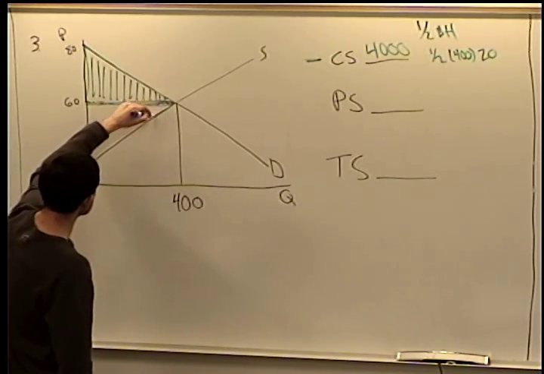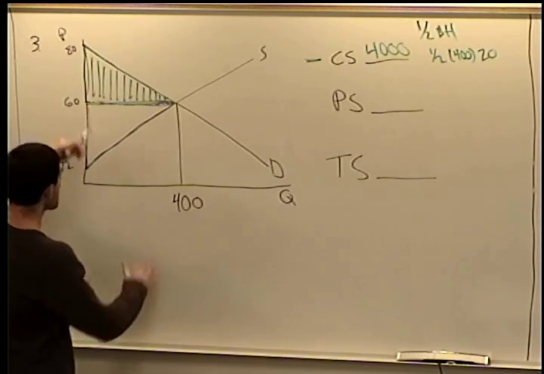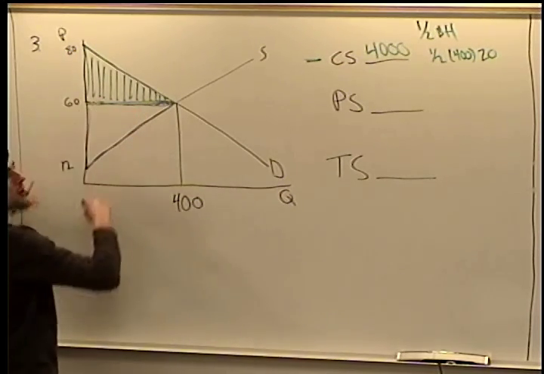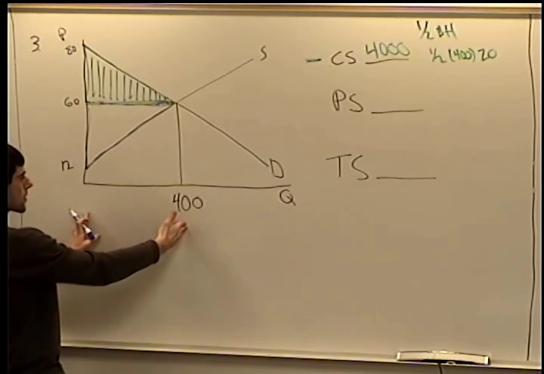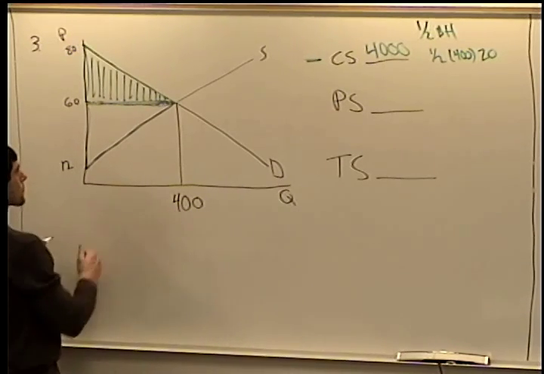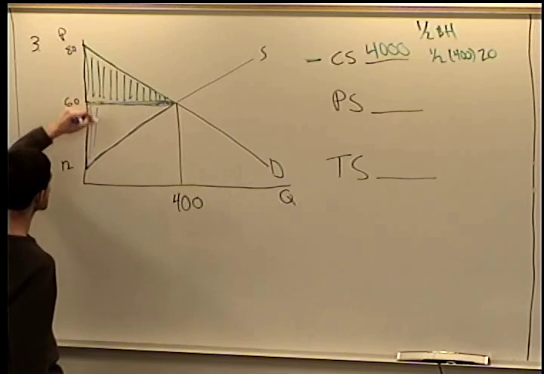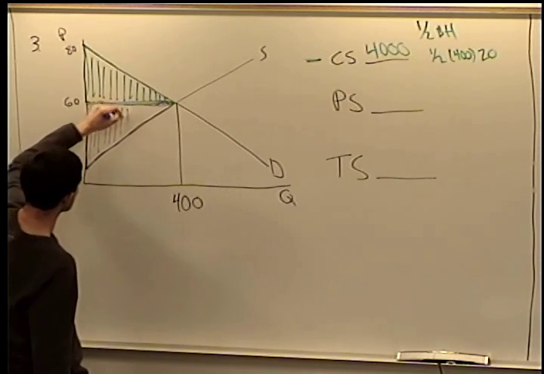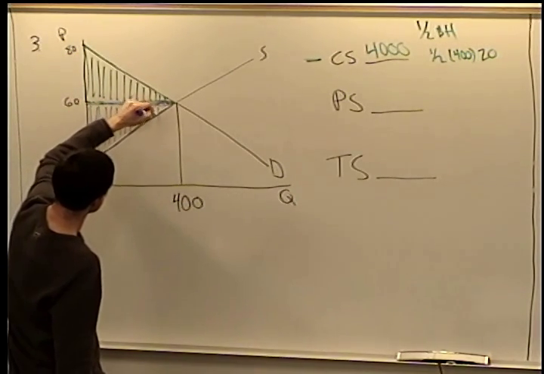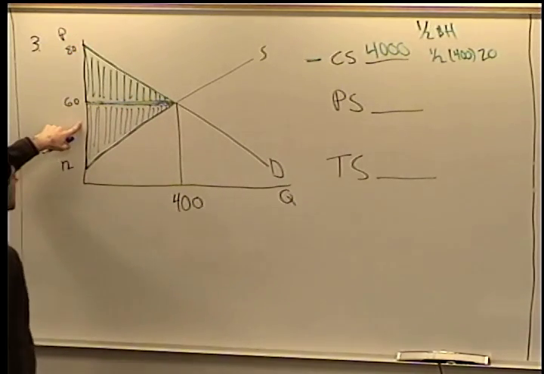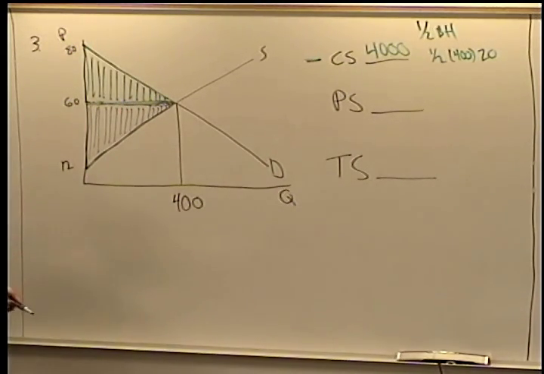And producer surplus is going to be the area above the supply curve, but below the market price across all of them sold. So out of 400. So producer surplus is going to be the area of this triangle, the blue triangle.